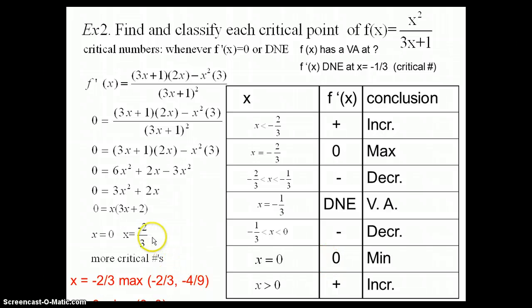We got that from here. We know that it does not exist here. We got that from there. And again, we're just using test points to figure out whether it's positive or negative. So for instance, in this interval, I chose -1. I plugged in -1 into my derivative and got a function value that was positive. All right, here we got a function value negative, negative, and positive.